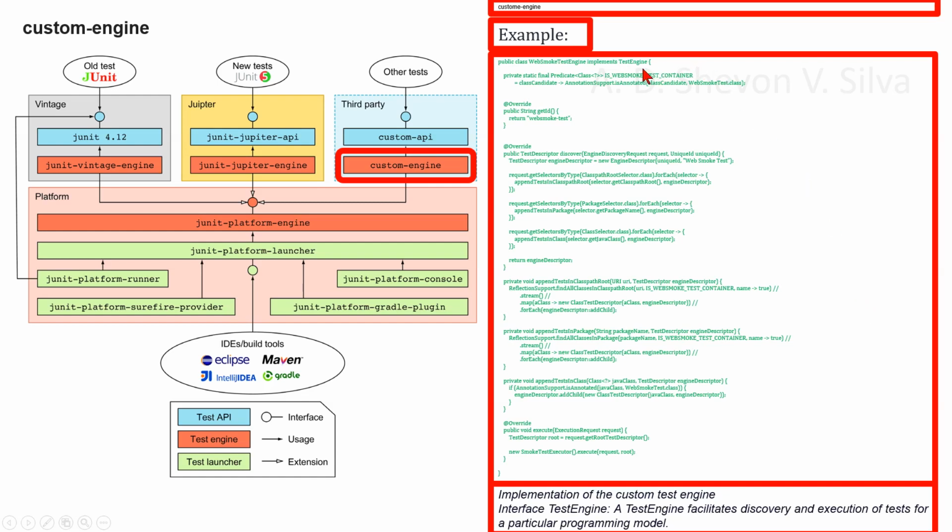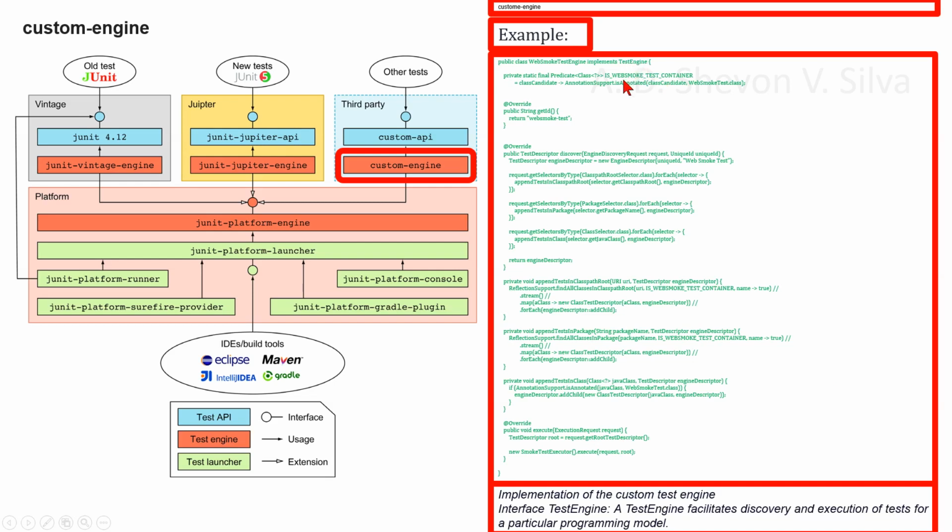This contract is defined by the org.junit.platform.engine.TestEngine interface, which looks like this: String getId, TestDescriptor discover with EngineDiscoveryRequest and UniqueId, and void execute with ExecutionRequest. Apart from some optional metadata, this interface contains the three core responsibilities of a test engine.